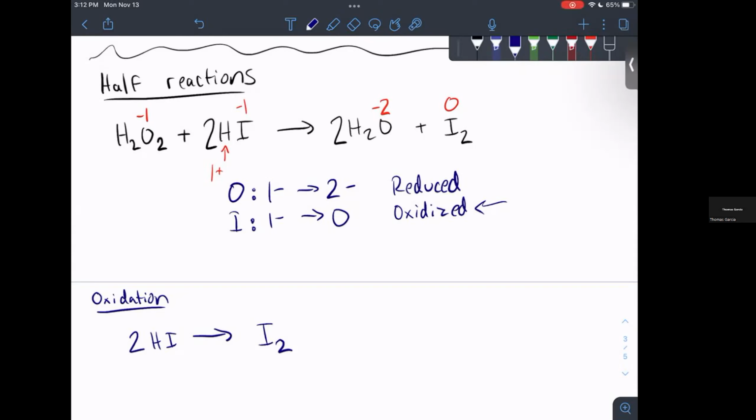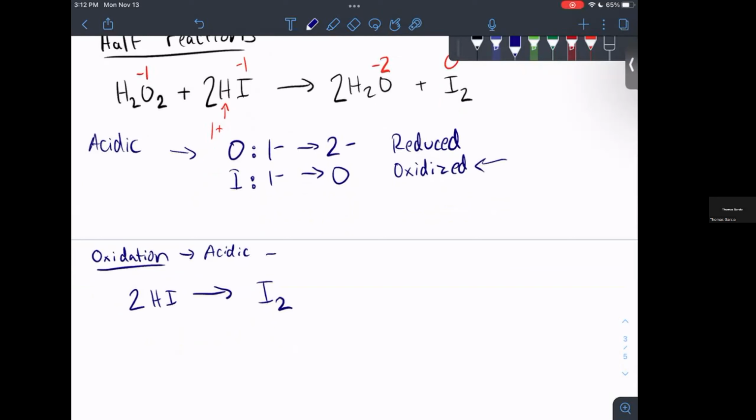So in this constraint, I'm going to say we are in an acidic solution. And I'm going to apply that to both of ours. So I'm going to say acidic for both. So in an acidic solution, we can always add two things. We can add H pluses, because protons are what let us know we're in an acid essentially every time. And we can add H2O, water. Acids are usually a solution with water in some way, shape, or form.